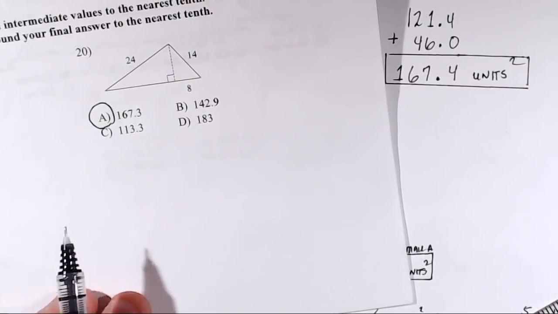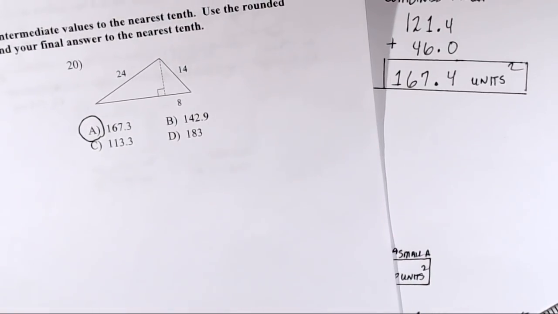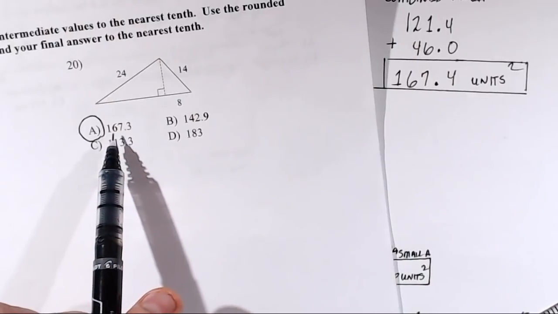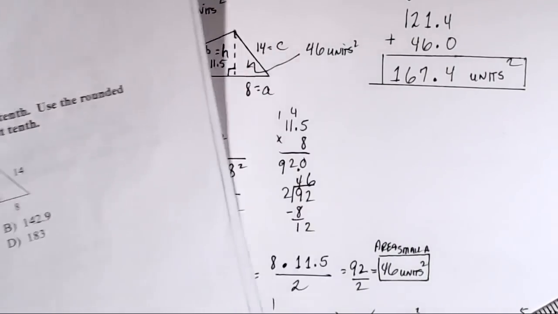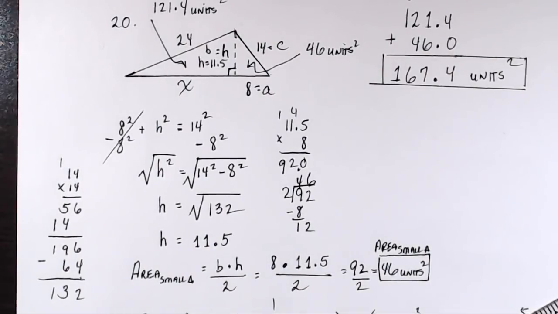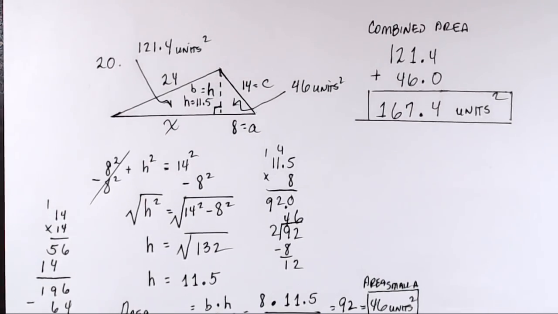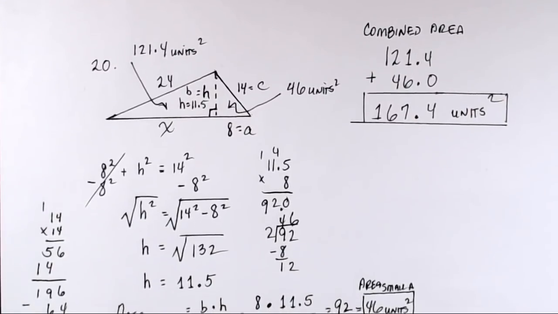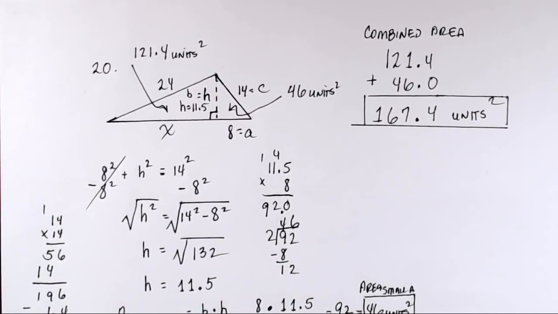Literally we're off by a tenth. But it's so close that it's obviously A, right? So that is the 20 question test. And, you know, it took a lot longer to explain out loud than it would have in the testing environment.